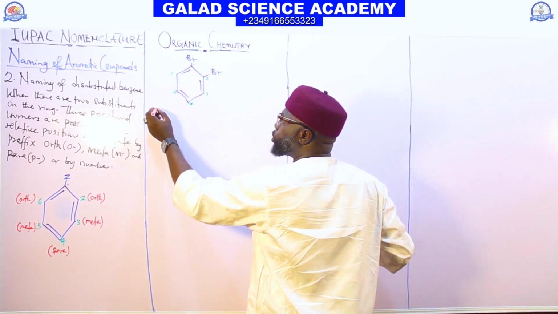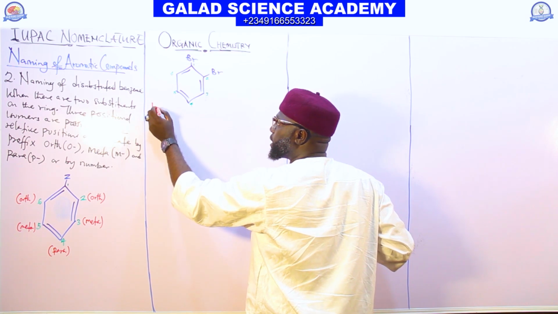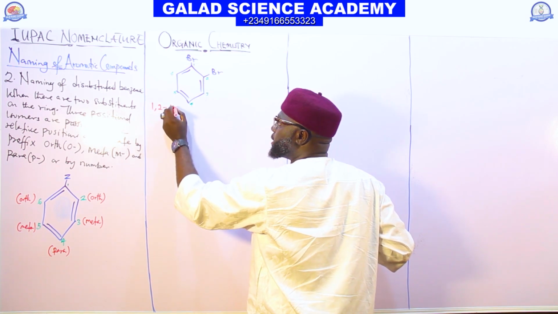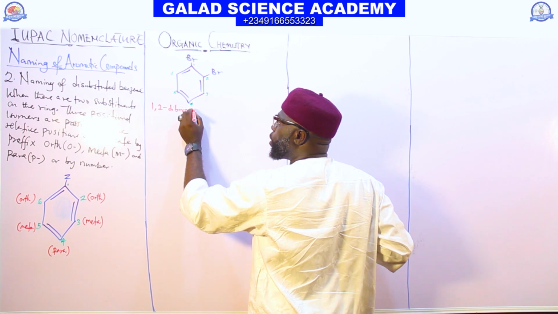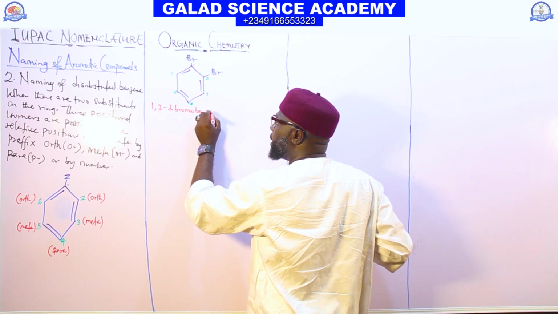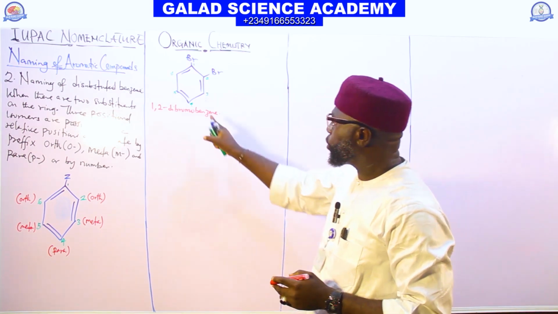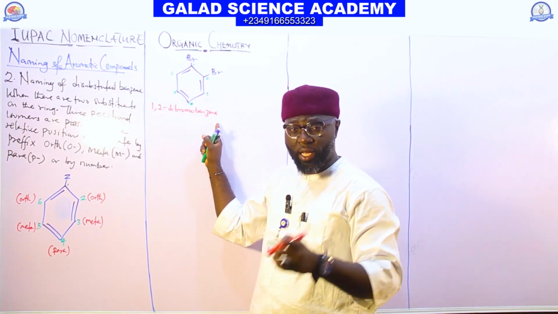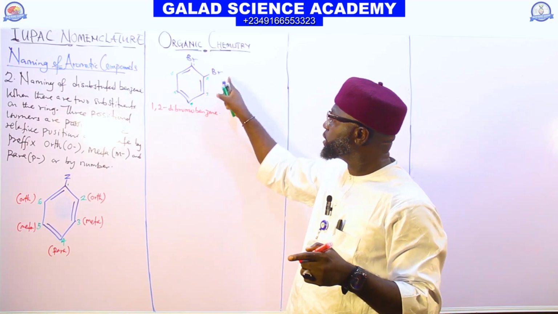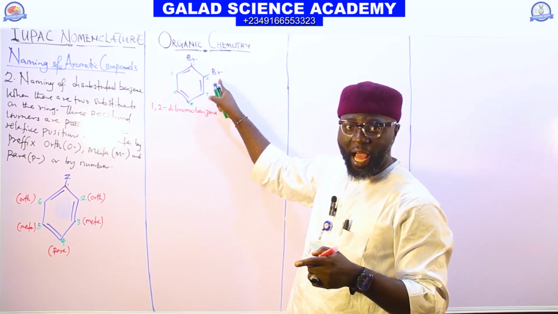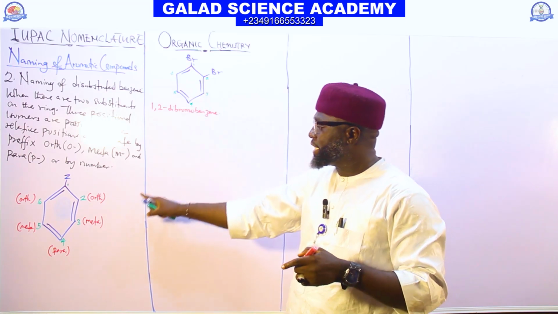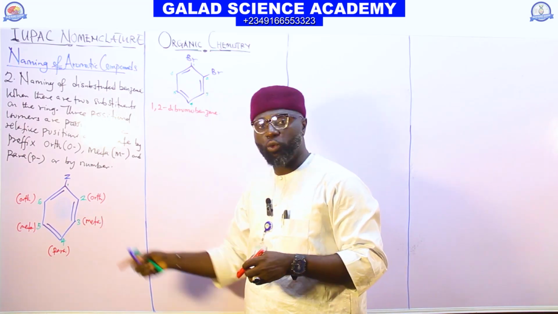So if it is 1 and 2, we call it 1,2-dibromobenzene. Have you now? But mind you, the second substituent is attached to the 2. When the second substituent is attached to 2, what do we call it?